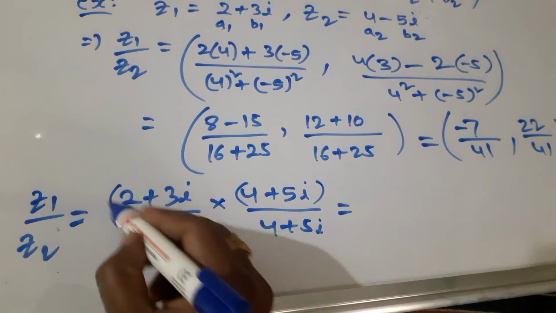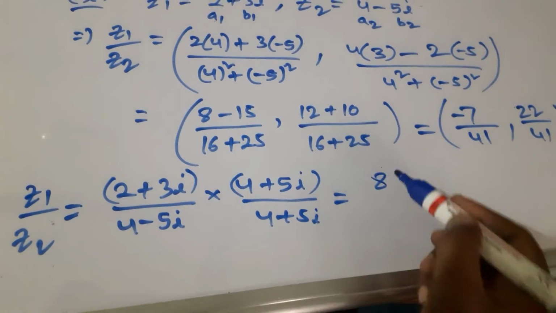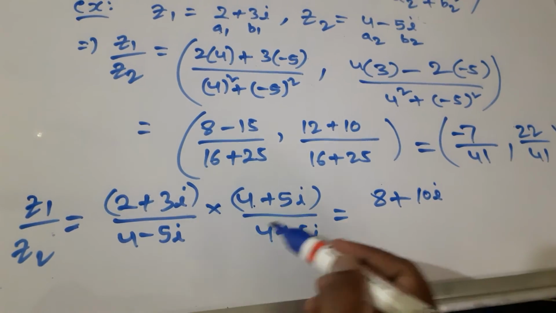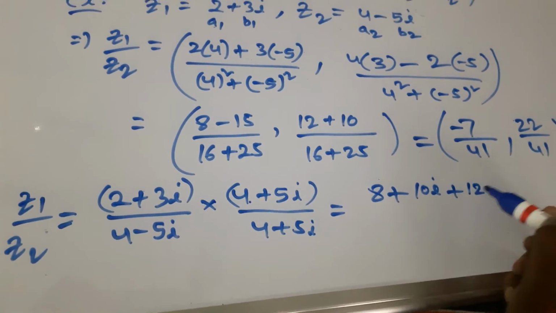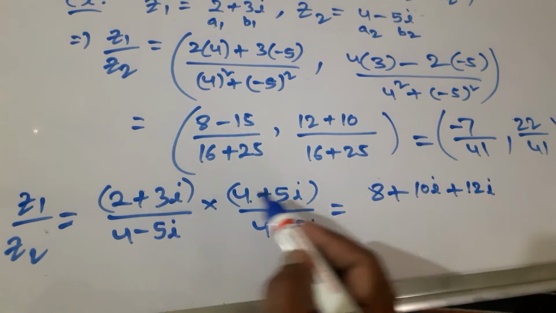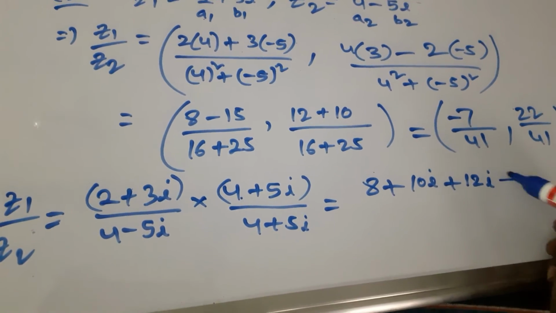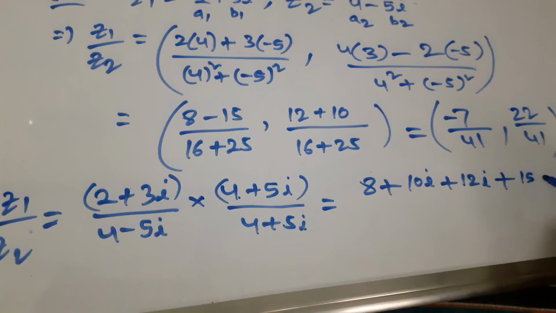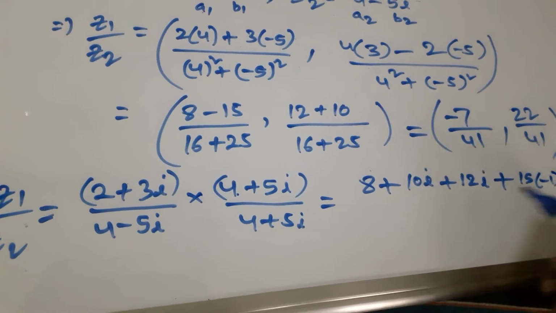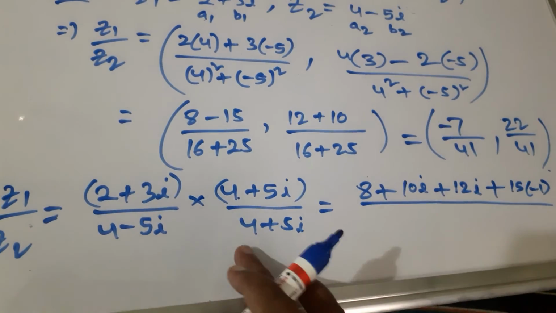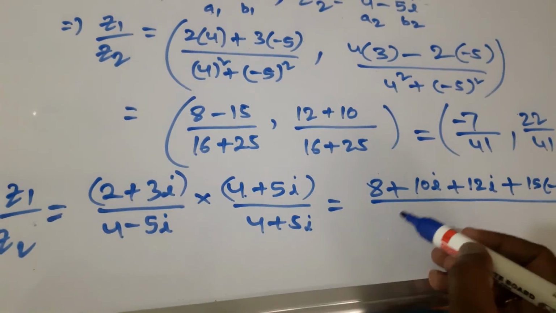Multiplying the numerators: 2 into 4 is 8, 2 into 5i is 10i, 3i into 4 is 12i, 3i into 5i, 3 fives are 15, 15 i square. I square value is minus 1, by this is 4 minus 5i into 4 plus 5i.